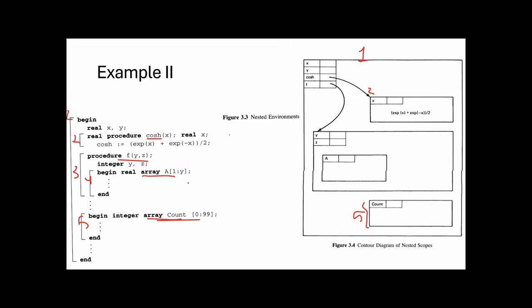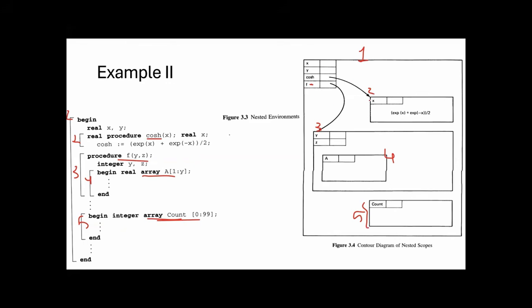And number 3 is our second procedure, F, right here. And number 4 is the block about the array being defined inside the function here. Okay, so the function is right here. We have the other function F here. So both of them are being defined within the scope of block number 1.